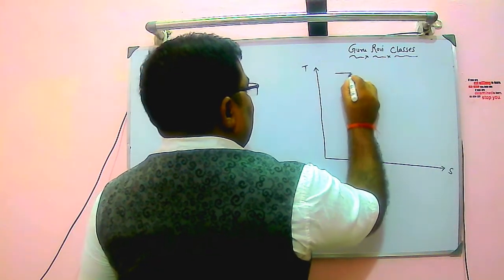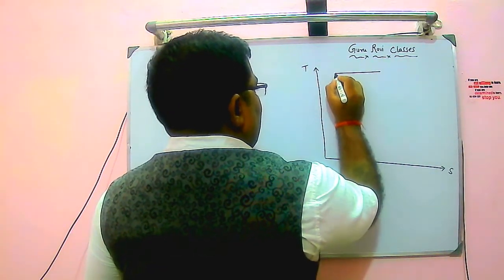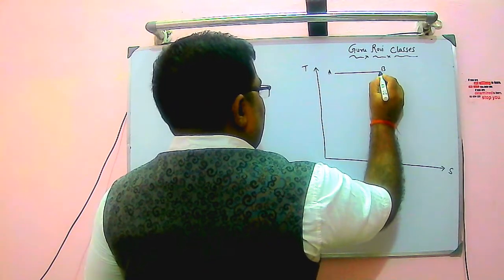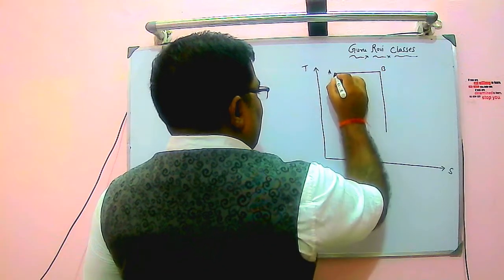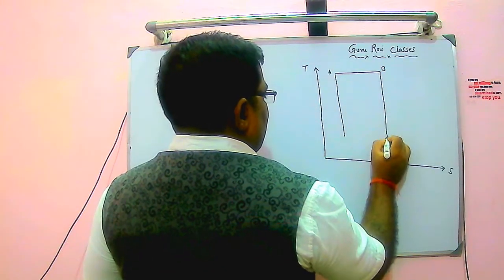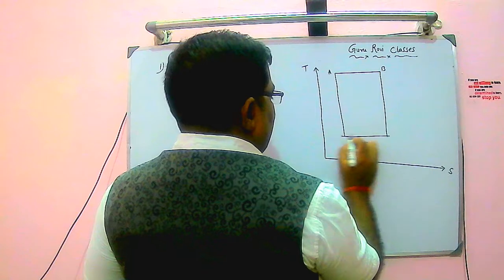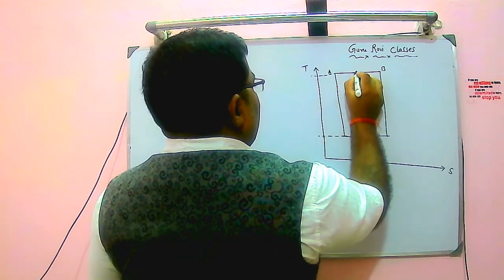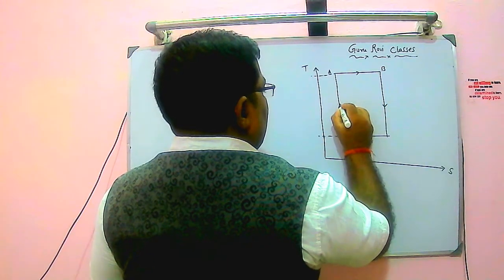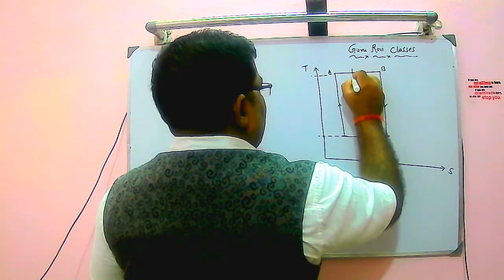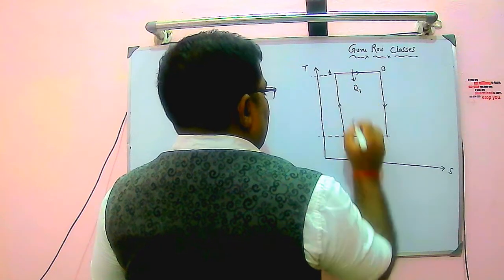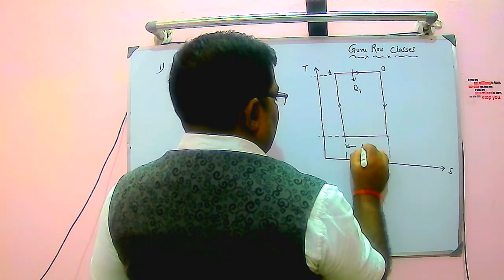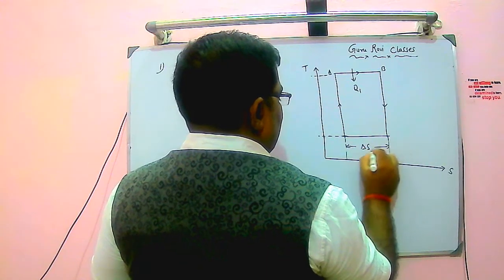The first process starts from here, I can say A and B, and it's going up to a certain point, rejecting heat at this temperature, and this is the maximum temperature at which your heat is getting supplied. Let's suppose this is your change in entropy, delta S, for this process.